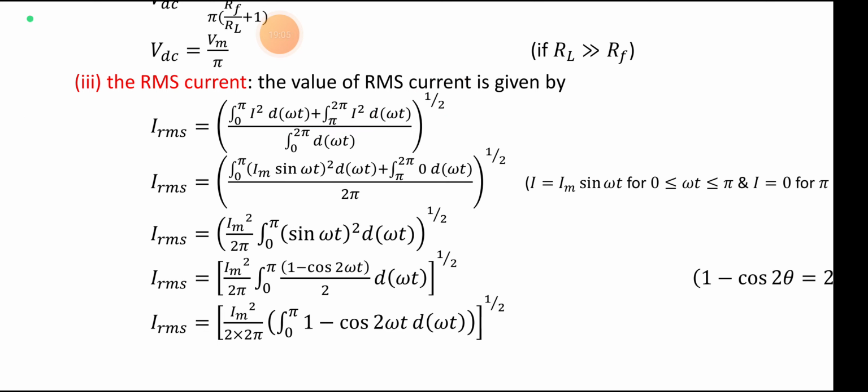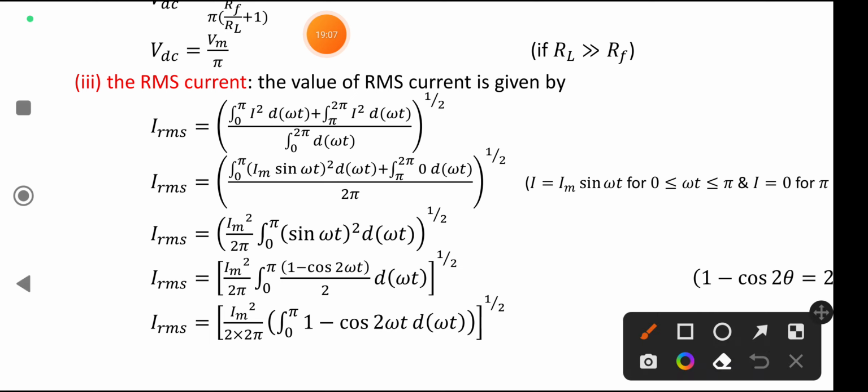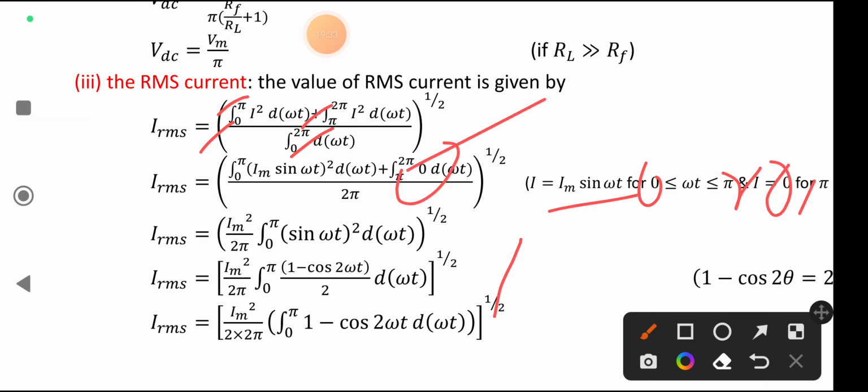Why twice? Because between the two values, 0 to pi is the positive half cycle and pi to 2 pi is the negative half cycle. For the positive half cycle, 0 to pi gives this answer, and pi to 2 pi the answer is 0. So we substitute the 0 value and only get this one.